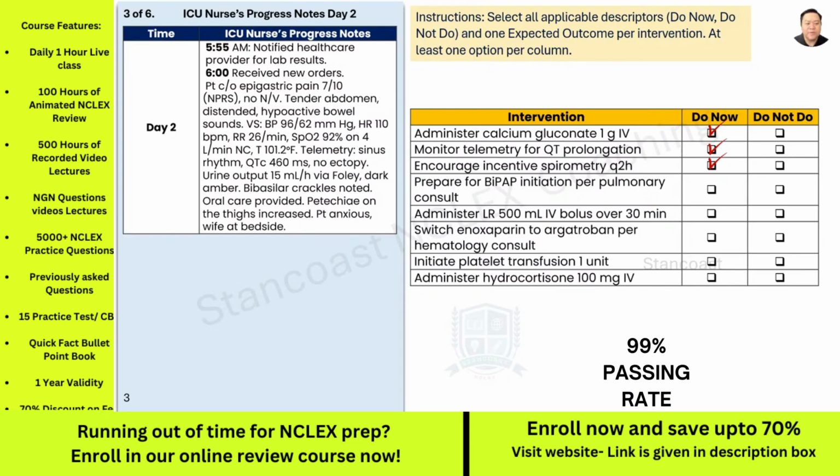Alrighty. Now moving into our next intervention, prepare for BiPAP initiation per pulmonary consult. What do you think about this one? This is also a do now. You should anticipate and prepare for the BiPAP as recommended by the pulmonary consult because the patient's respiration is already elevated at 26 cycles per minute and their oxygen saturation is, I should say, borderline at 92 on 4 liters, and their lung exam revealed crackles.